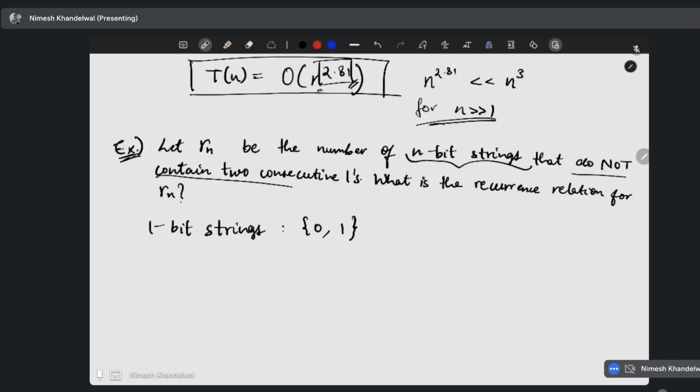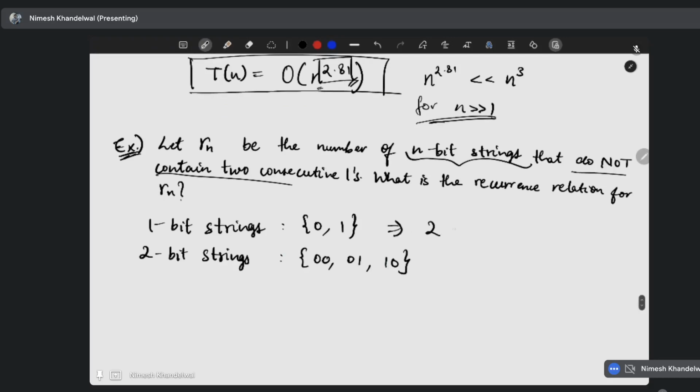There is no other option. Valid 2-bit strings, then it will be 00, 01, 10, but not 11, right? So there are 3 strings, then for 3-bit strings.